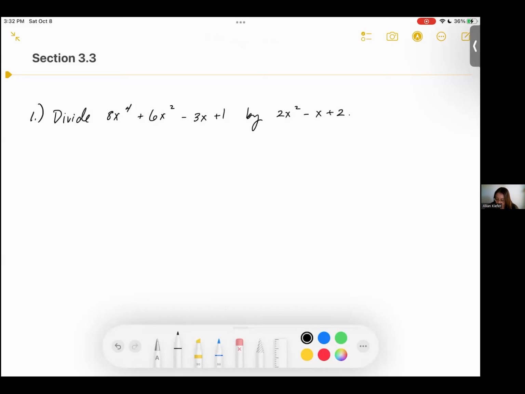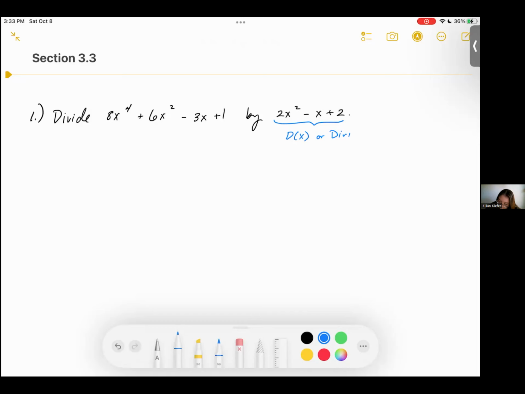When we do this, we want to verify something first before we start writing everything. We want to check and see if we have any missing terms. If we look at our problem, this one is our divisor, d of x.